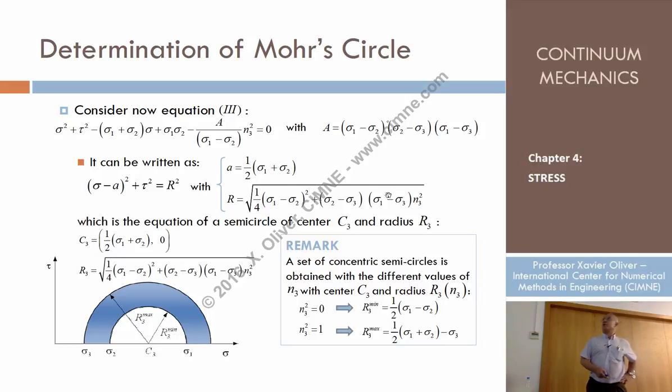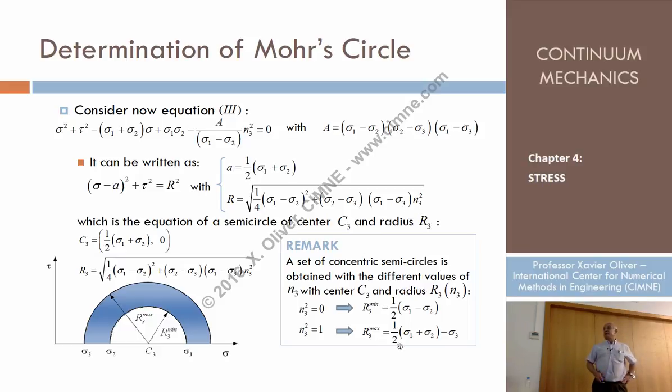So for n3 equals 0, I obtain one value here, which is 1/4 of sigma 1 minus sigma 2 squared, so the radius is sigma 1 minus sigma 2 divided by 2. So there is a minimum circle with center C3, determined by this R3 minimal, and what is the maximum value that I can obtain in this expression for n3 squared equal to 1?